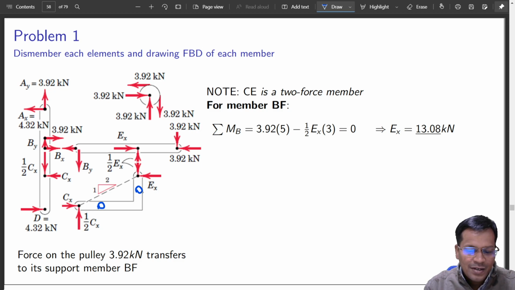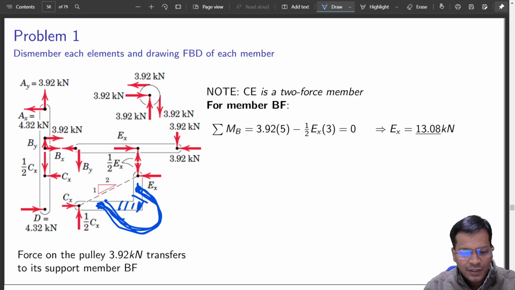What I did, I welded a link on top of this, something like this. Anything changed? Nothing changed. Now I have cut this link from here and from here, and I remove this section. Any change? No change.